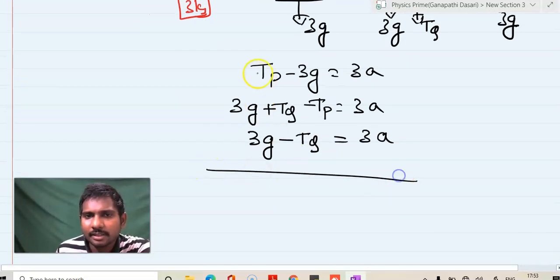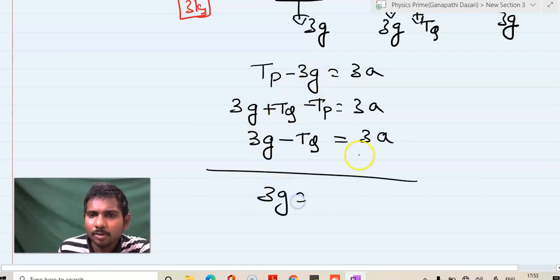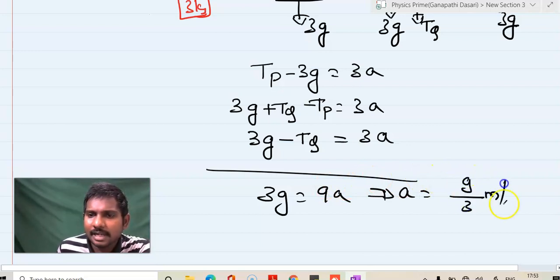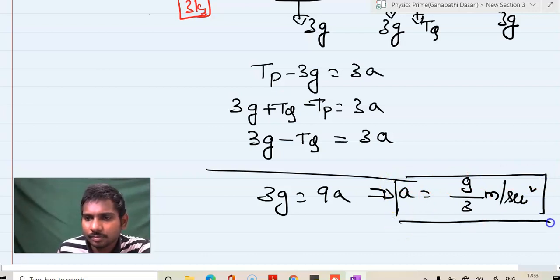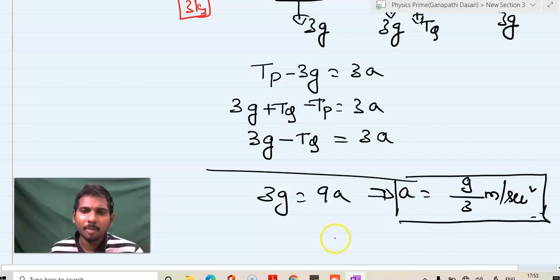So this all is equation. Adding all the three equations, TP will be cancelled, TQ will be cancelled, 6G minus 3G, that is 3G is equal to 3 plus 3 plus 3, the 3 3s are 9A. That implies acceleration of the blocks is G by 3 meter per second square.